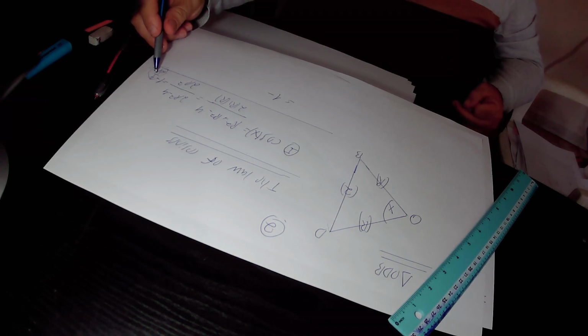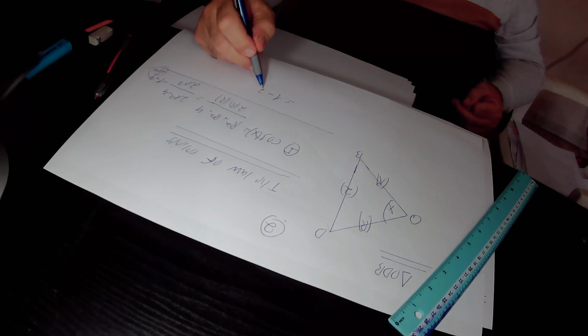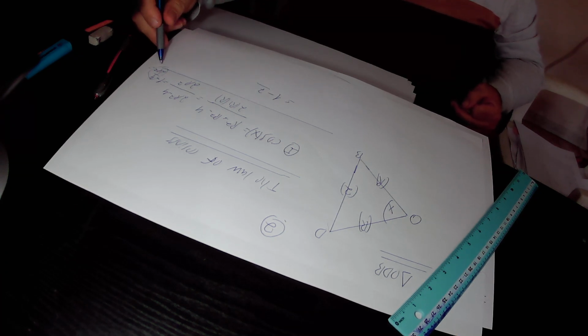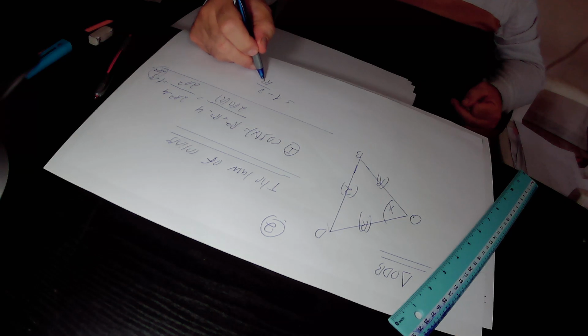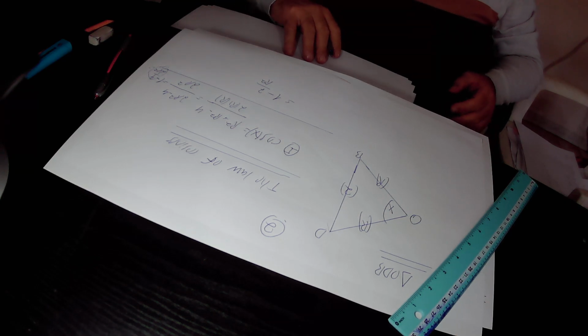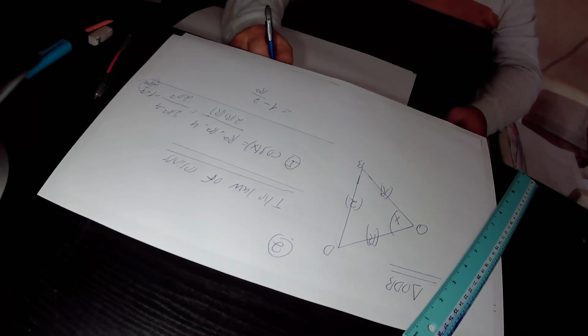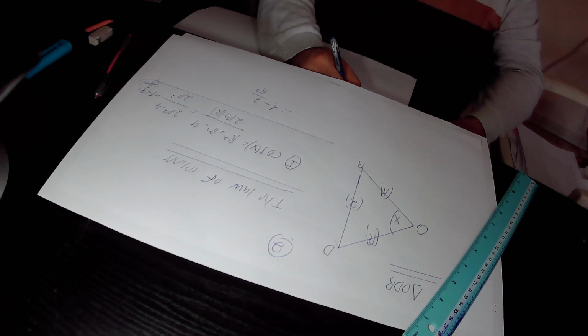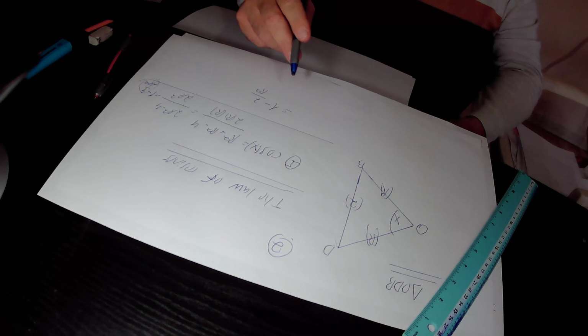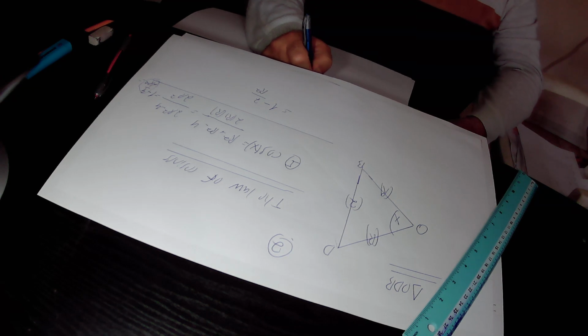So minus 4 over 2 is minus 2, and 2R squared over 2 is R squared. So in conclusion, according to equation 1, cosine x equals 1 minus 2 over R squared.